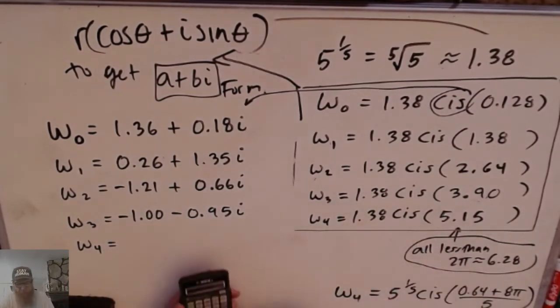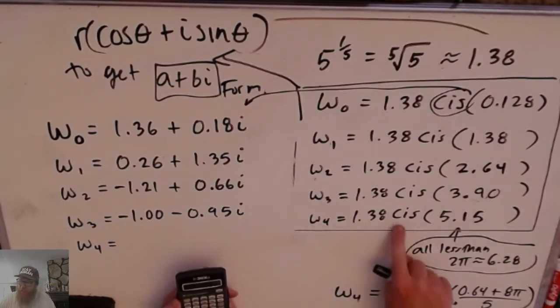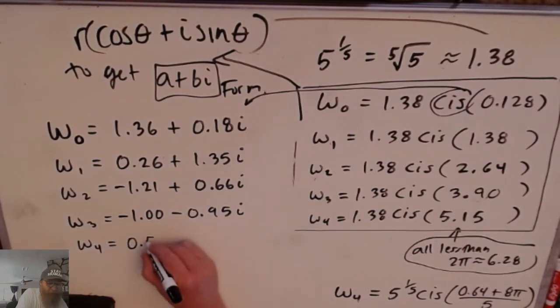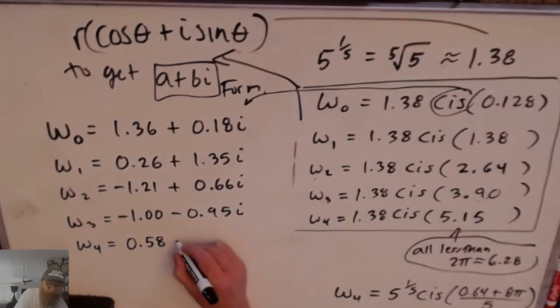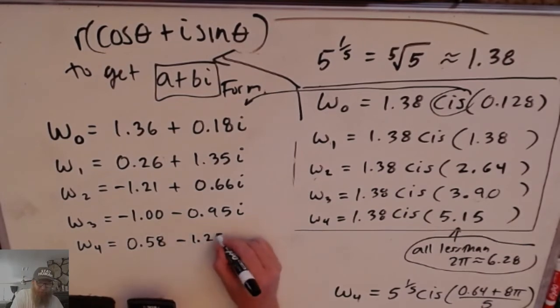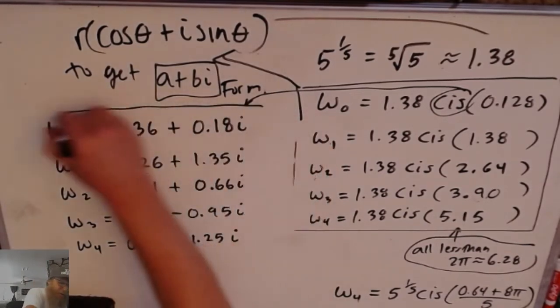We're getting quadrant 4, I think, on the last one. 5.15 cosine times 1.38. Yep, we finally made it to quadrant 4. And finally, 5.15 sine, and then times 1.38, and that gives us negative 1.25i.